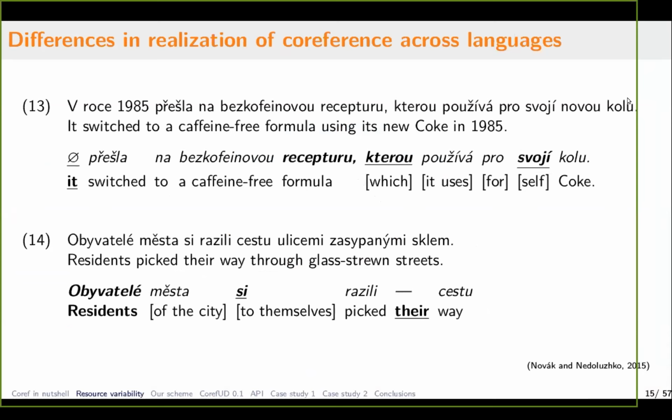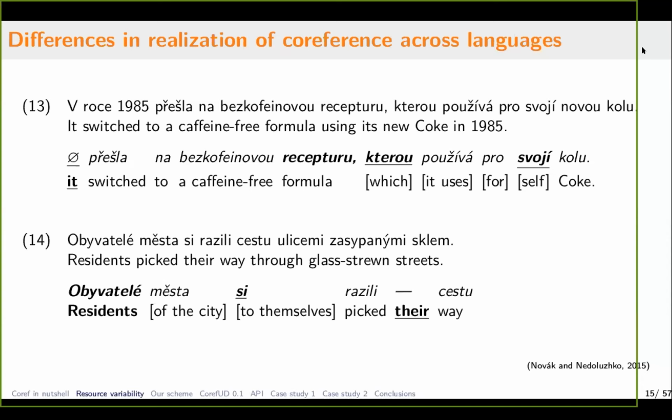So another aspect of diversity across different coreference corpora is how coreference is expressed on the surface, or what linguistic means are used to express it. So here are examples of English originals and Czech translations.